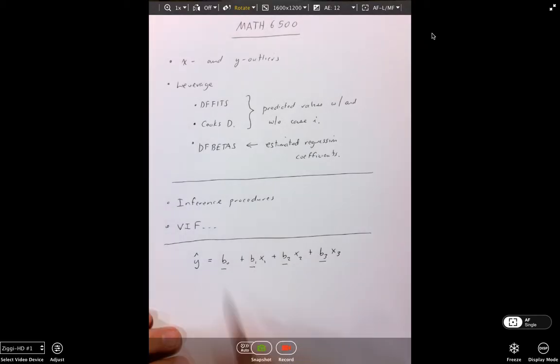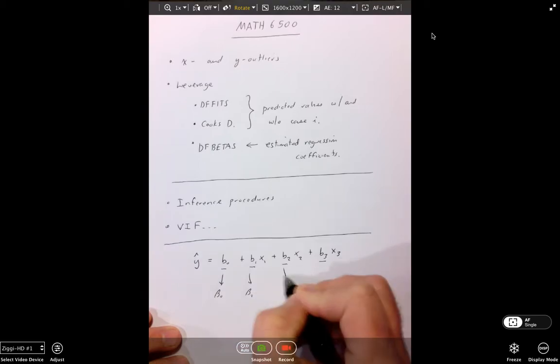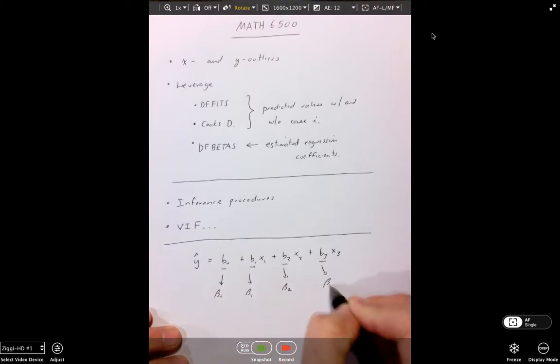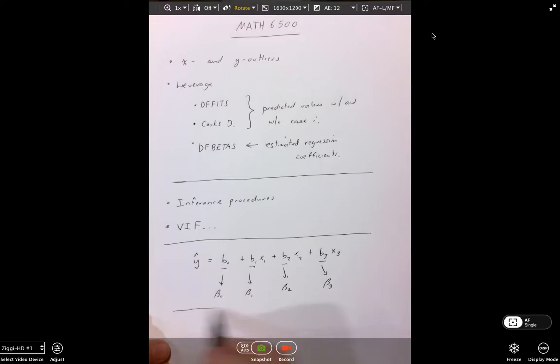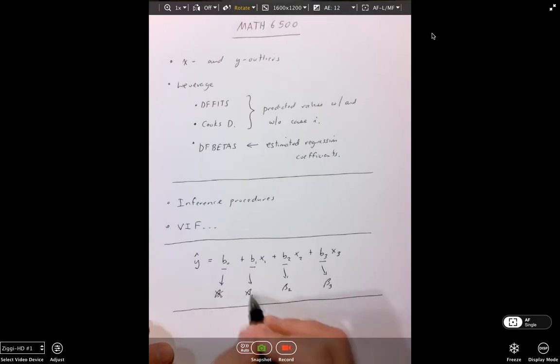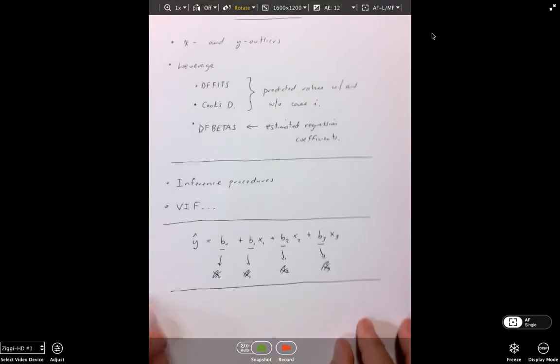We call those estimated because they are estimating the parameters. Let's talk about the estimated regression coefficients: beta 0, beta 1, beta 2, and beta 3.